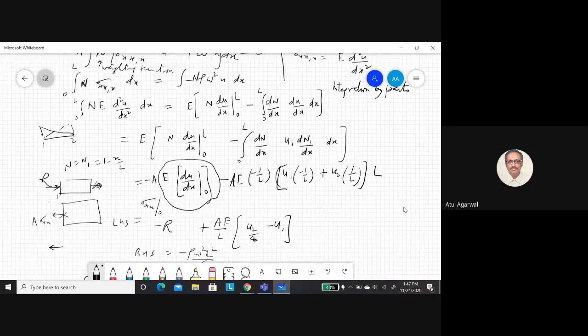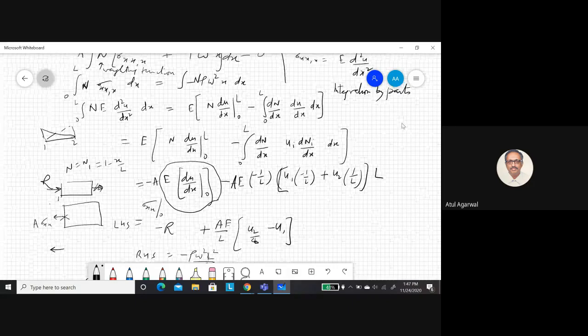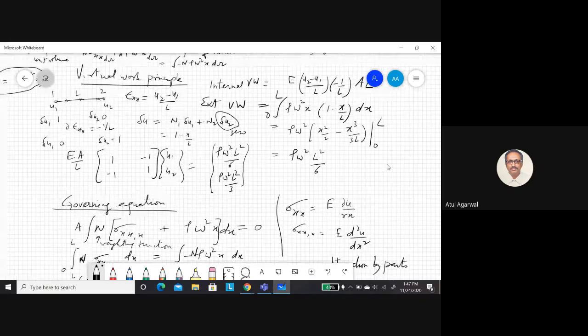So we have to take internal virtual work, and external virtual work of this R also. You see here, external virtual work of R also. So when you are taking displacement at this point, delta U1 is 1.